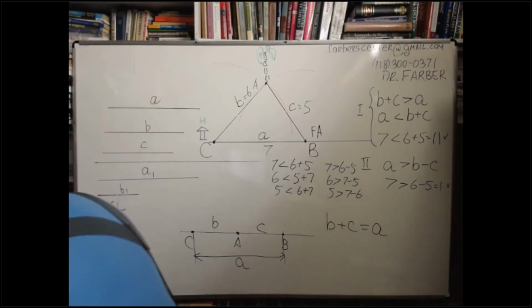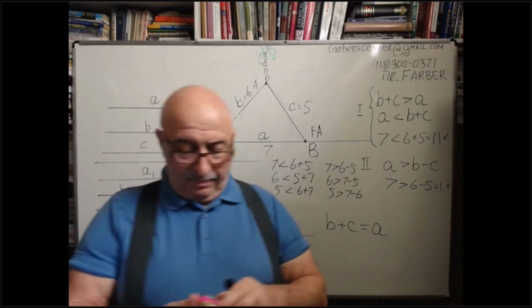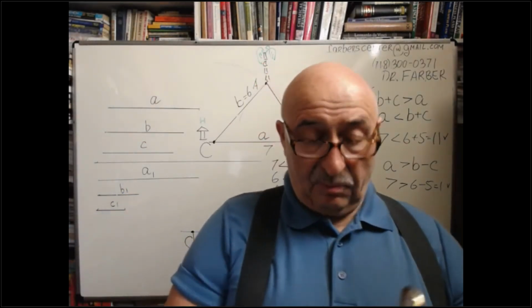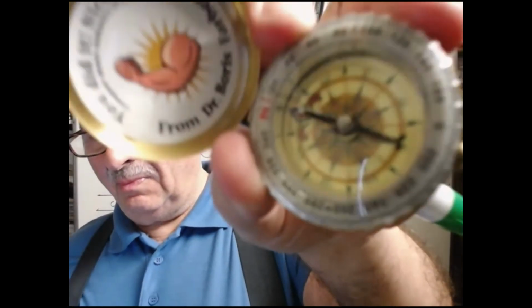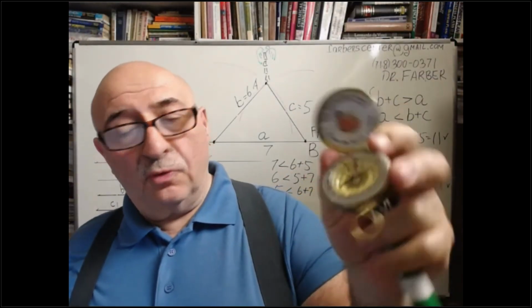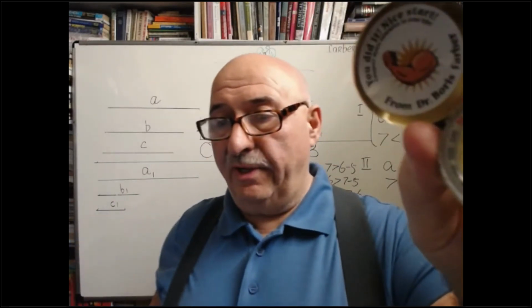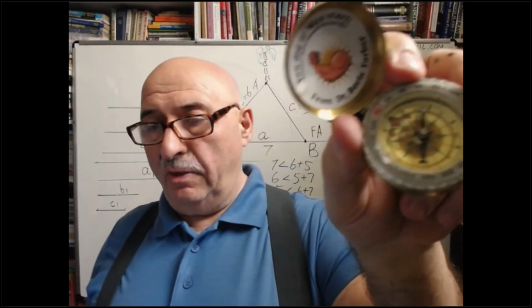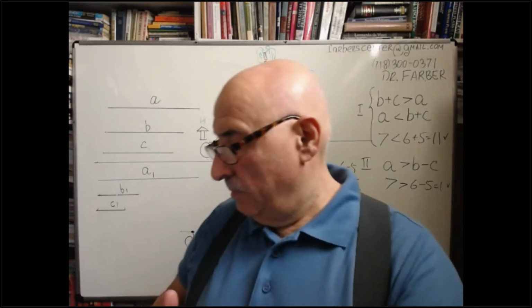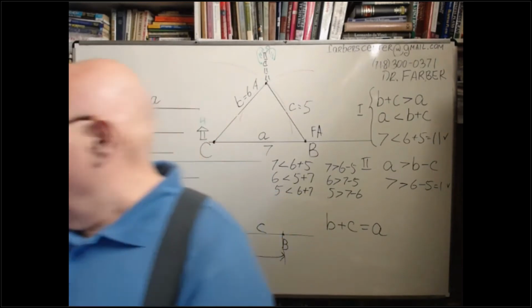I show this compass. It's also a compass. And this is what students get when they get to STI, all of them get this magic wand from Dr. Faber. Compass. Magic wand.